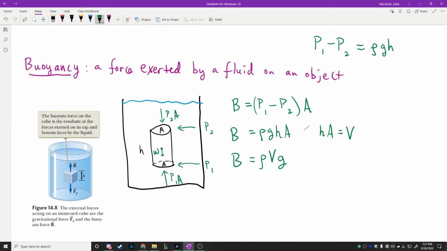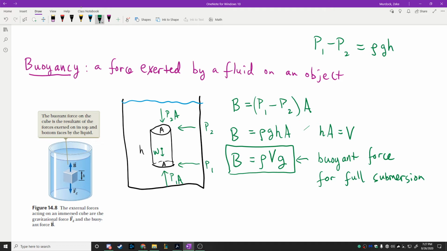Rho V g. That's kind of the definition of the buoyant force. It's the buoyant force for full submersion. You take the volume of your object, you multiply by the density of the fluid, and then you multiply by the acceleration due to gravity.